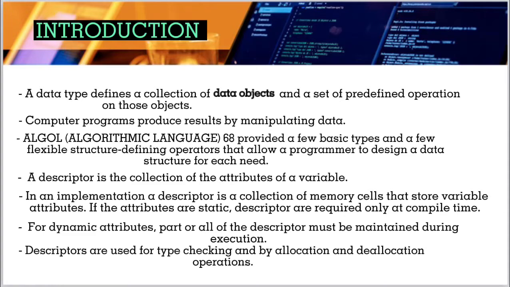They are built by the compiler, usually as a part of the symbol table, and are used during compilation. For dynamic attributes, part or all of the descriptor must be maintained during execution. Descriptors are used for type checking and by allocation and deallocation operators.